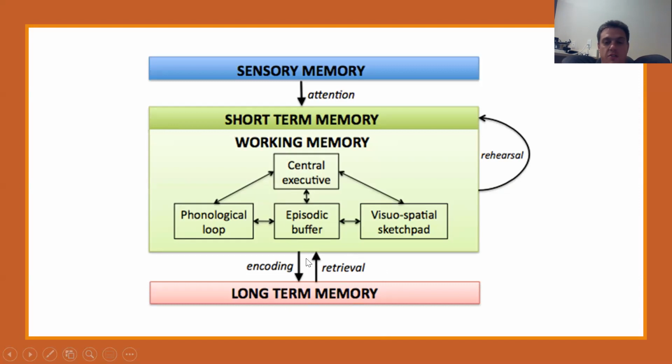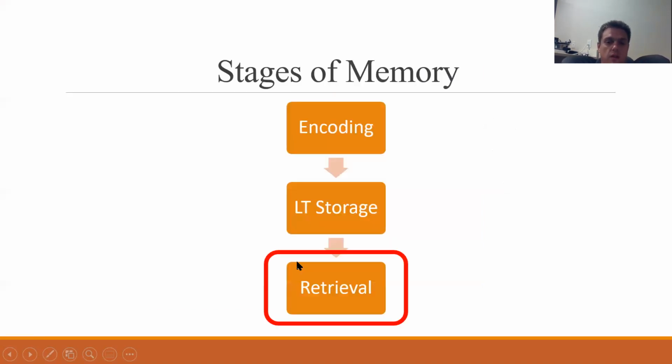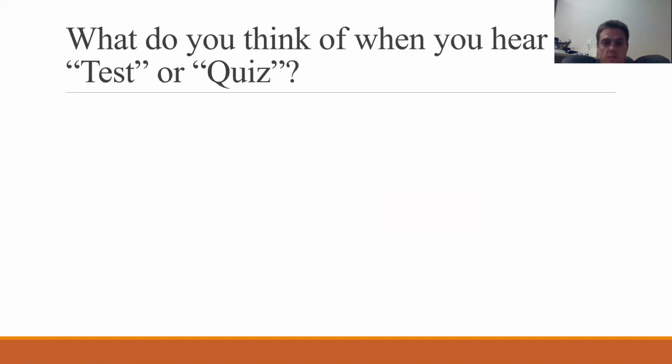So if our goal is to get something into long-term memory, a good way to do that is to actually practice retrieving it. That retrieval helps with the actual encoding. Hence the testing effect. That's what we mean by retrieval practice.